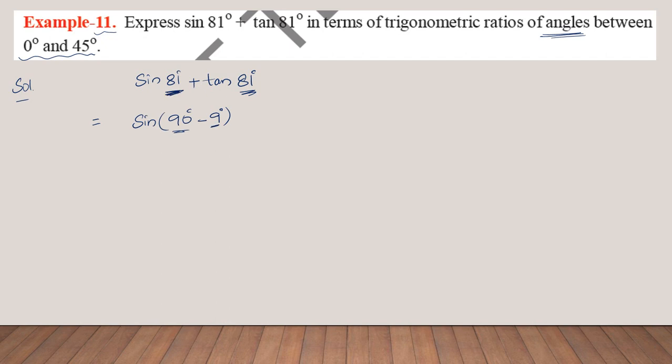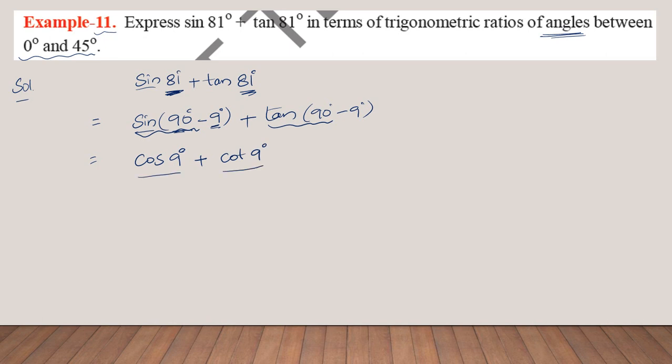So I have written 81 in the form of 90 minus 9, and the sign is as it is, plus tan of 81, which I can write as tan of 90 minus 9 degrees. Now sine of 90 minus theta means cos theta, plus tan of 90 minus theta means cot theta. So I can write this as cos 9 degrees plus cot 9 degrees.